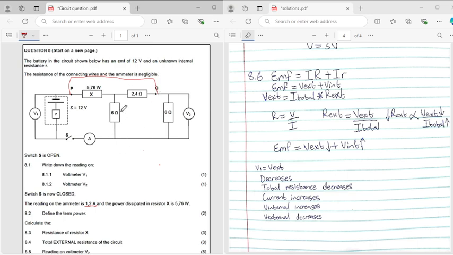Now, this is what you have to know about current. Current is sort of like taxi drivers, so you can use that as an example. Let's say there's a roadblock. When there's a roadblock, they will try by all means to use the route that doesn't have a roadblock, unless they don't have a choice.